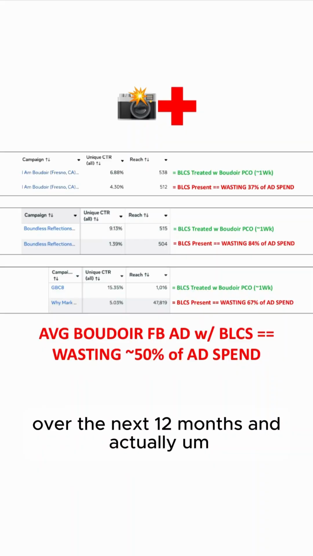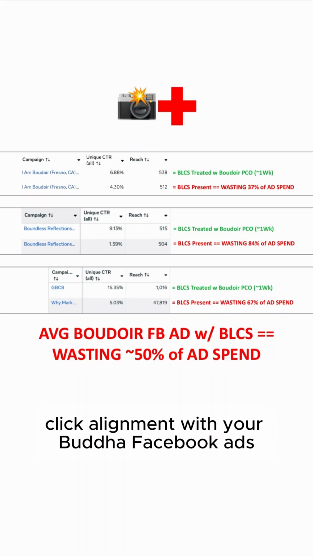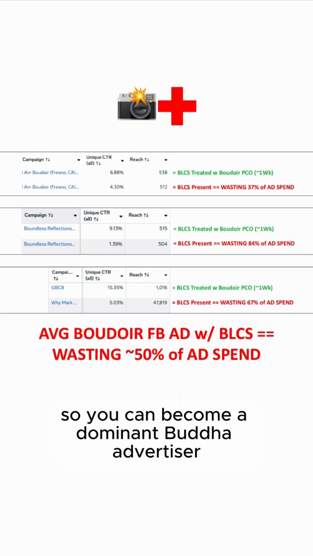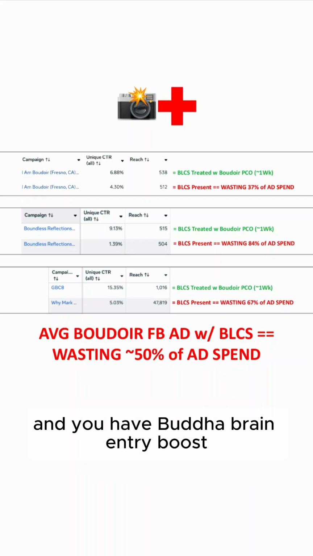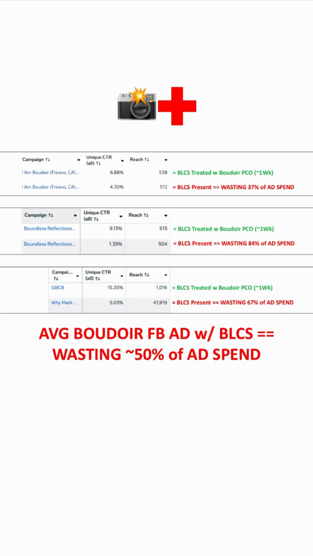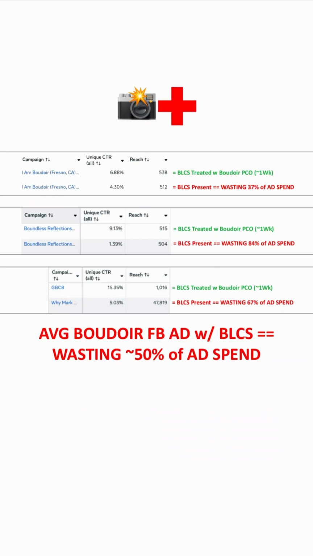And actually, you want to achieve pre-click alignment with your boudoir Facebook ads so you can become a dominant boudoir advertiser, and you have boudoir brain entry boost. So you're on your path to becoming the number one boudoir photographer in your city.